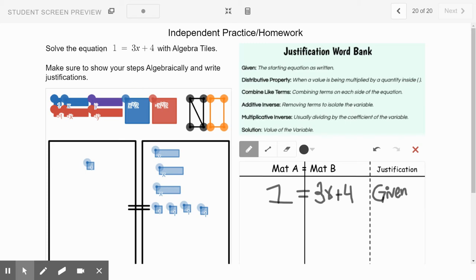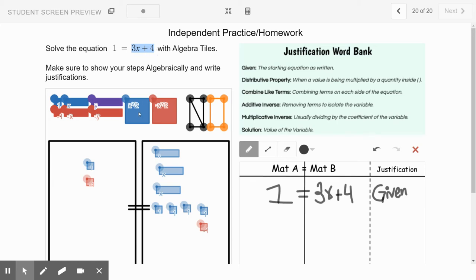A common mistake I see people do is they will do the additive inverse on mat A. And that doesn't help us. What I'm trying to do is get rid of the constant on mat B because that's the side with the variable. Whichever side has the variable, that's the constant I'm trying to eliminate.